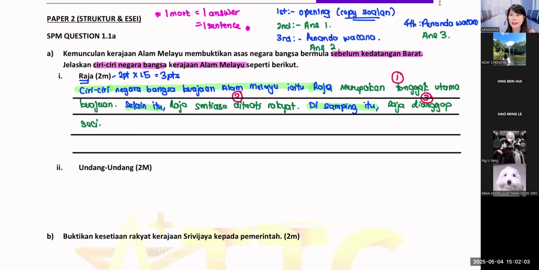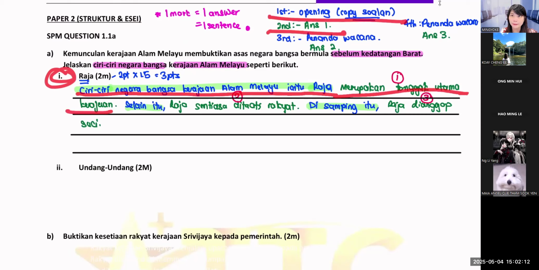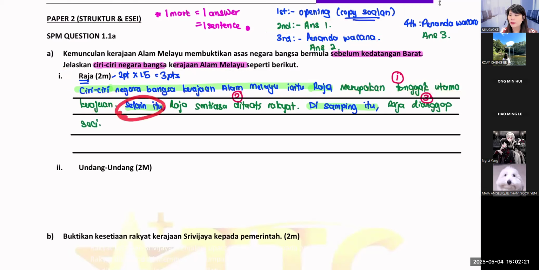So for example, the first one: ciri-ciri negara bangsa kerajaan alam Melayu iaitu raja, merupakan tonggak utama kerajaan. So you write the opening, then answer 1. Then full stop, then the penanda wacana. Can you see the penanda wacana? Selain itu, then you go straight to answer 2: raja sentiasa dipatuhi rakyat.